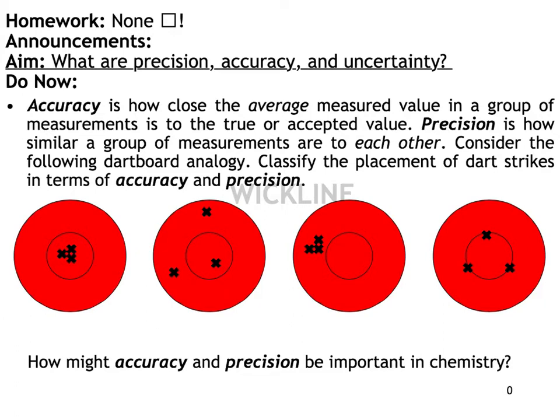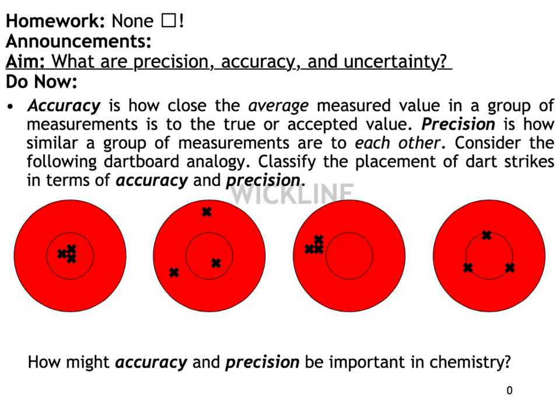In the next one, we have 3 values that are really close together, so they're precise, but they're not very close to the middle. And then over here we have 3 values that are not very close together, so not precise, but they are accurate because they're right around the middle. They average to the middle.